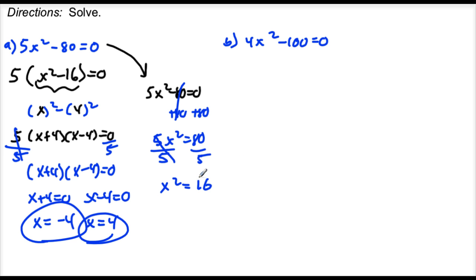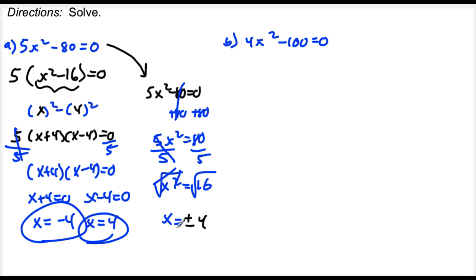One last step: I want to get rid of my square. The opposite of squaring a number is the square root, so I take the square root of both sides, and the square and the square root cancel each other out. The square root of 16 is the only little trick here. It's really just a truth of mathematics: in an equation, if we introduce the radical, we need to put plus or minus 4.